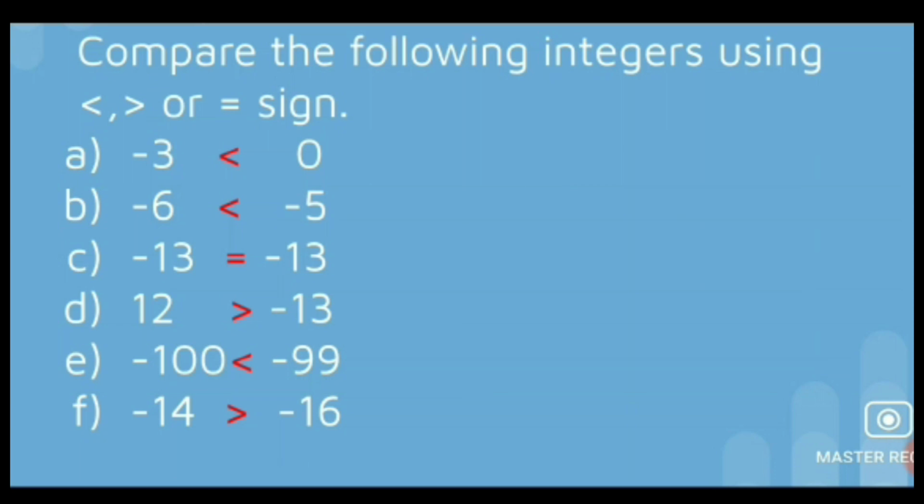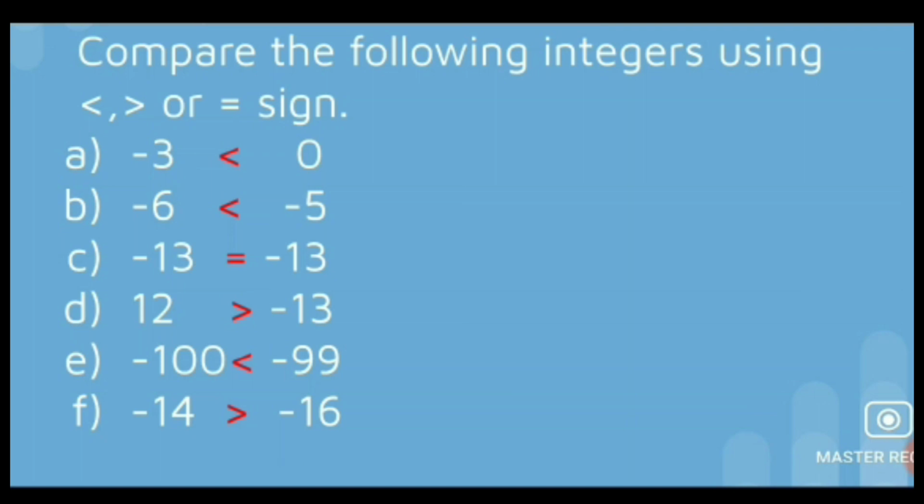When we are moving towards the left of 0, the values will decrease, so that's why minus 5 is greater. Next question, minus 13 and minus 13. Both are equal, so we have to put the equal to sign. Next, 12 and minus 13. Every positive integer is greater than every negative integer, so plus 12 is greater.